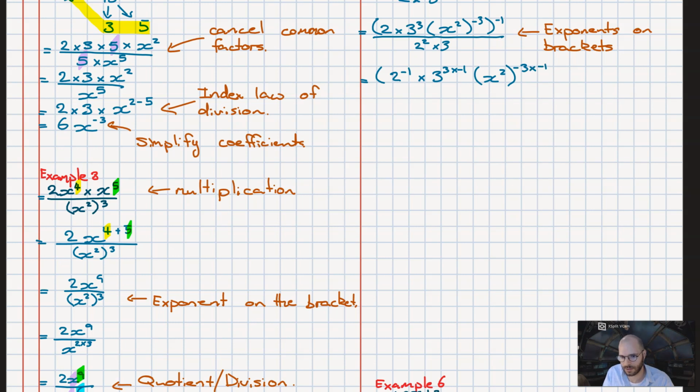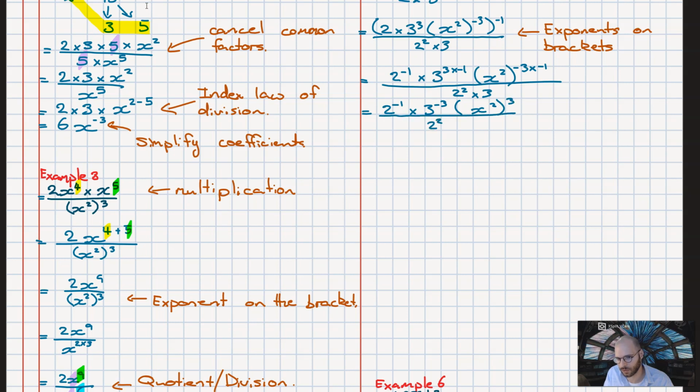And then we don't need these brackets anymore. Then we've got 2 squared times 3 still on the bottom. Now simplifying this out, we get 2 to the negative 1 times 3 to the negative 3, multiplied by x squared, and that's raised to the power of positive 3 now. Then we've still got 2 squared times 3 downstairs.